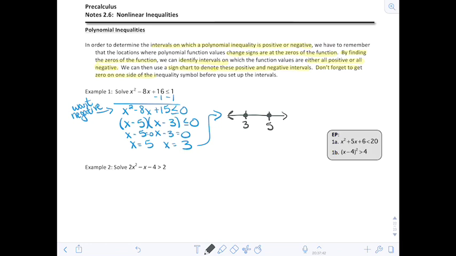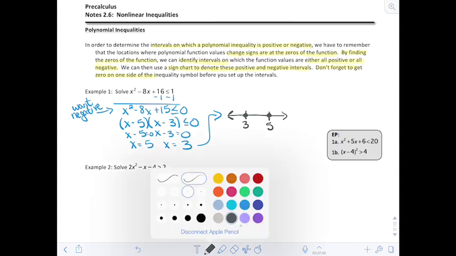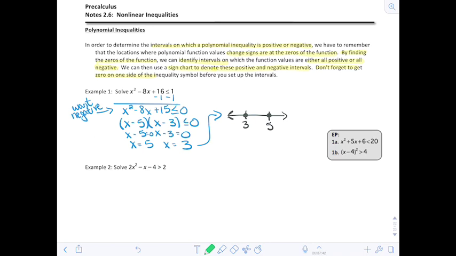So as you can see now, we have the number line divided up into 3 sections. And what we want to do is test each section. So I want to test a value that is less than 3. I'm going to test 0. I'm going to test 4 between 3 and 5. And I'm going to test 6, which is greater than 5.